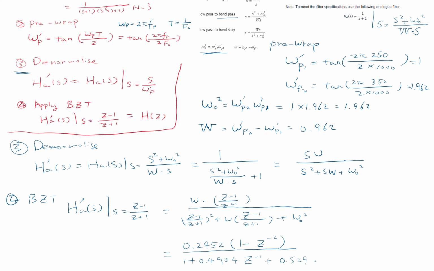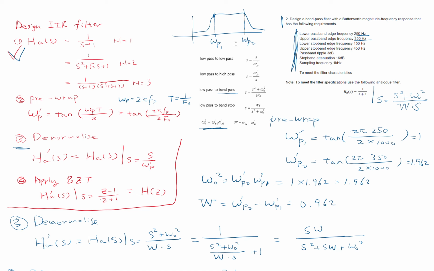Alright, so again, based on all this, you should be able to find the order, and you can look up a table to find the analog template for the low pass filter. For question 1 and question 2, this analog template has been given to you, which simplifies your work. After you get this template, you replace S with a certain term based on which filter you're going to have.